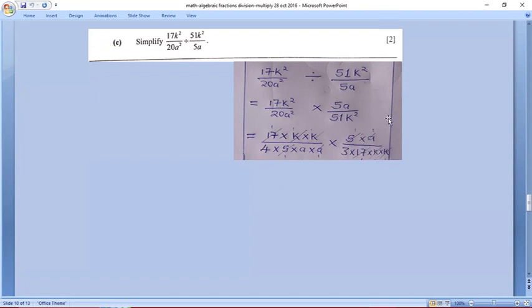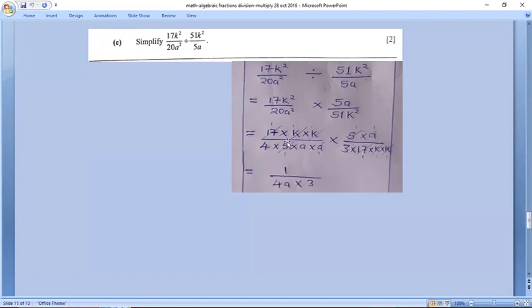Like this, it's easier to know what to cancel. We have a k and a k, and another k and k, which we cancel. Then we have a 17 and a 17, we can cancel that. We have a 5 and a 5, we can cancel that. An a and an a at the bottom, so only one a remains, the 4 remains, and the 3 remains.